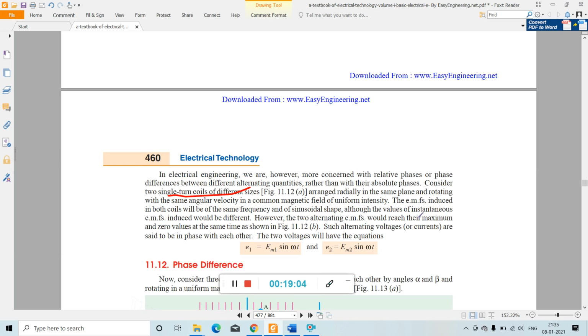So these two waveforms are said to be in phase with each other in this case. The two voltages will have the equations E1 is equal to EM1 sin omega t, where EM1 is the maximum voltage for this induced EMF, and E2 is equal to EM2 sin omega t, where EM2 represents the maximum value.